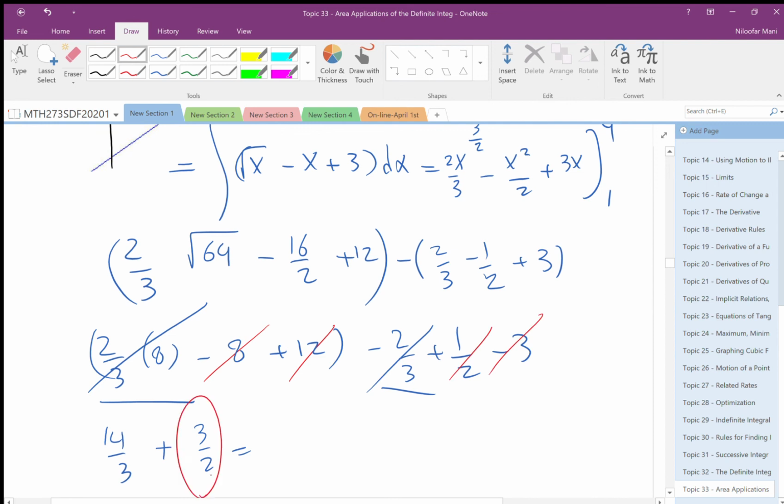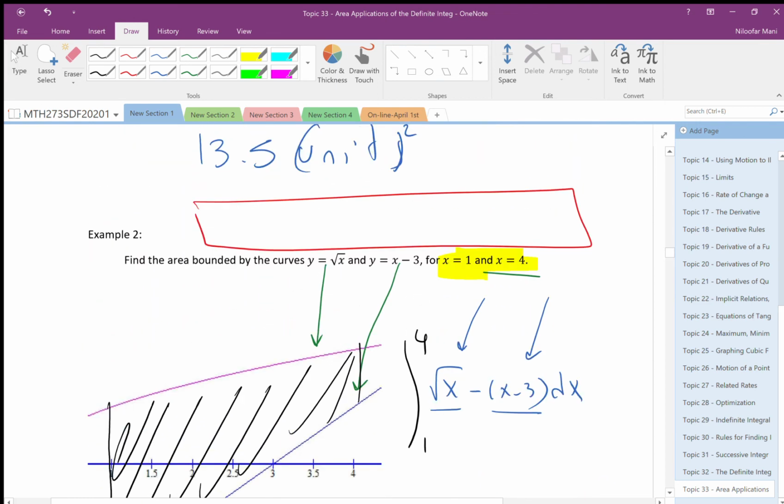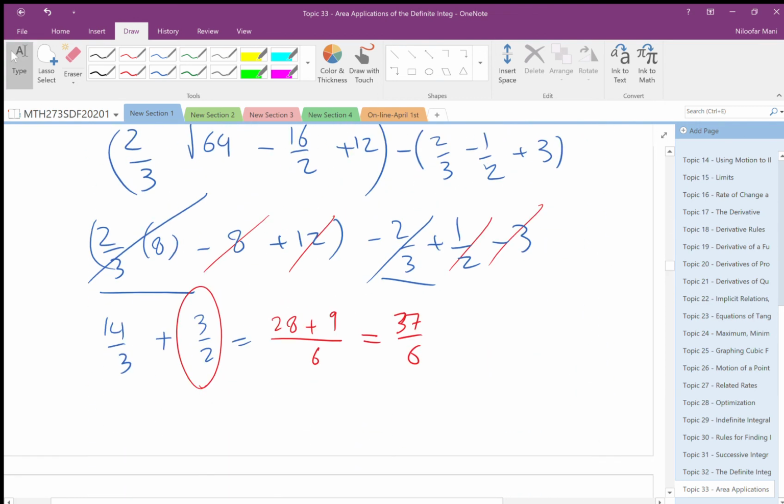And then I can say 28 plus 9 divided by 6, which is 37 divided by 6. That's positive, so I didn't make any mistake. So it is 37 over 6 unit squared.